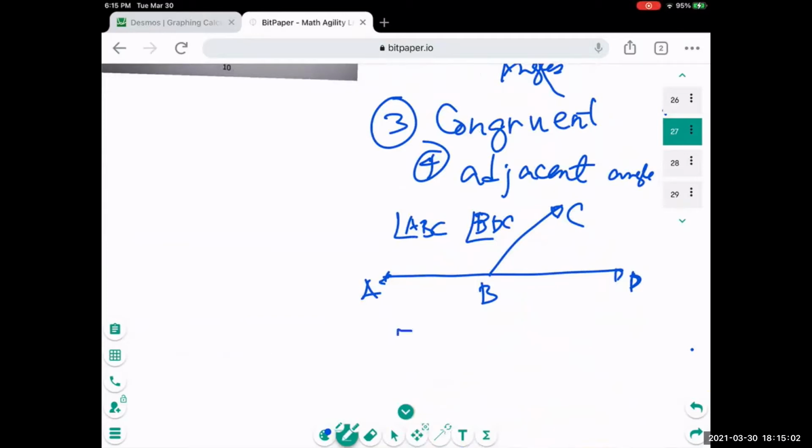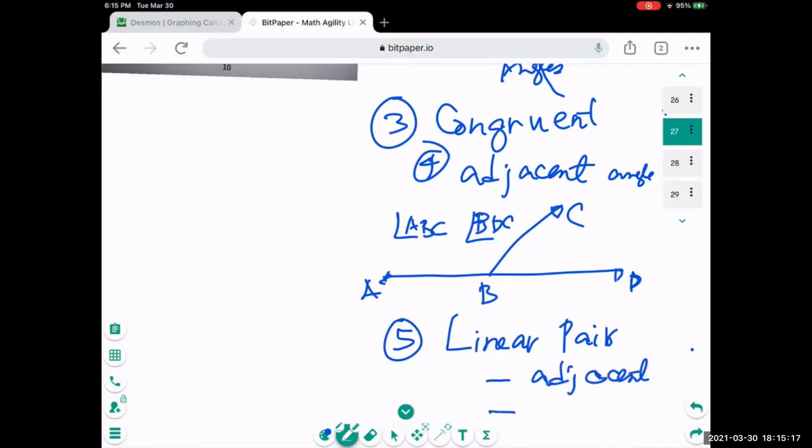So number five, linear pair, meaning one, they are adjacent, and two, they are supplementary. So pag inadd natin sila, yung angles, so this angle here and this angle here, when we add them up, ang sum would be 180 degrees, right?